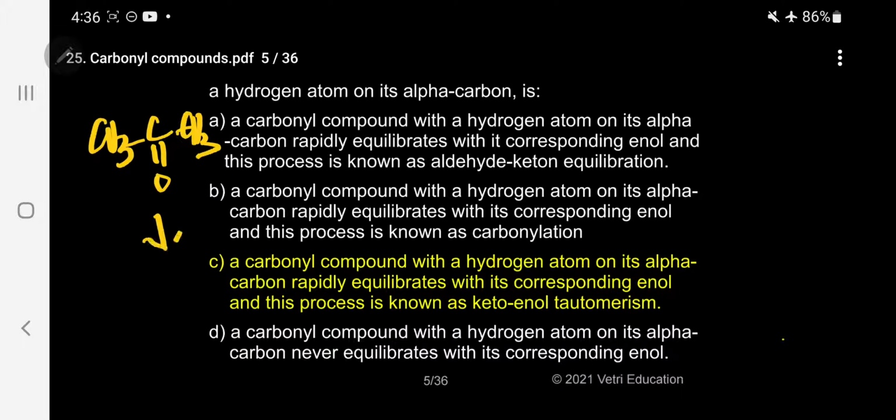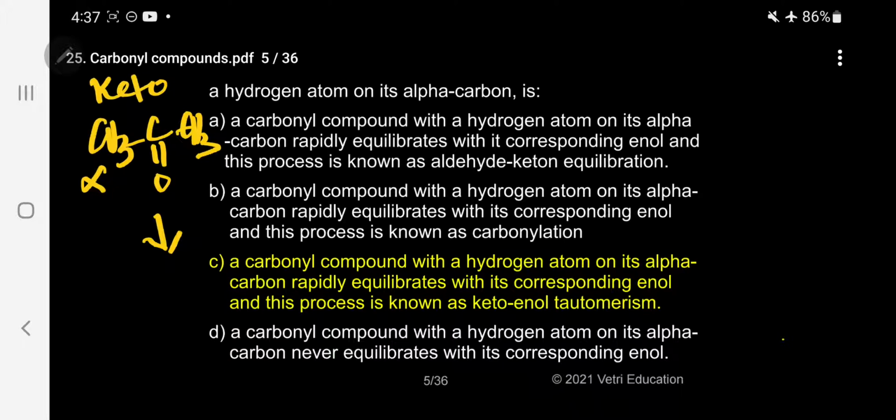That is a ketone, acetone. With respect to the CO group, this is alpha. So this acetone contains alpha hydrogen. This is the keto form because the keto group is present.